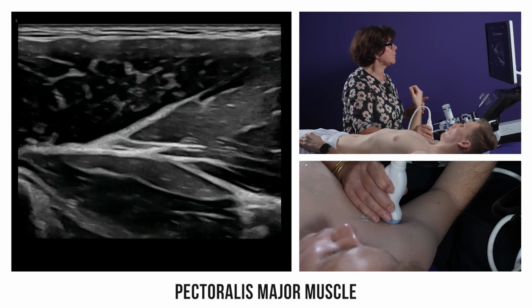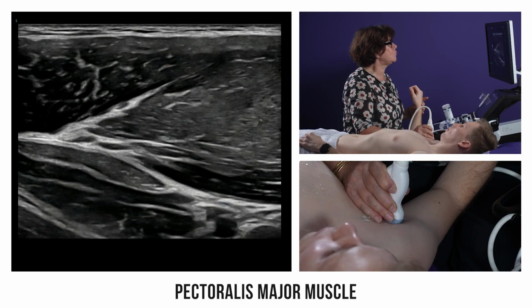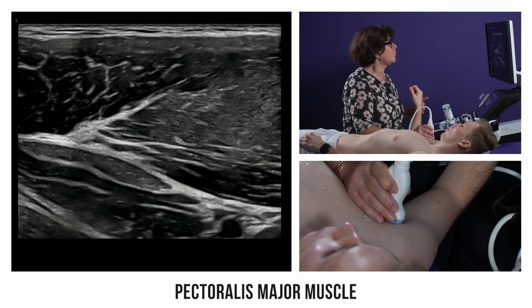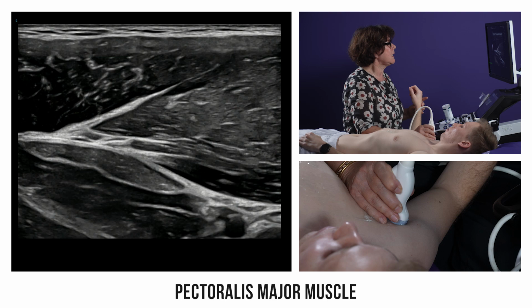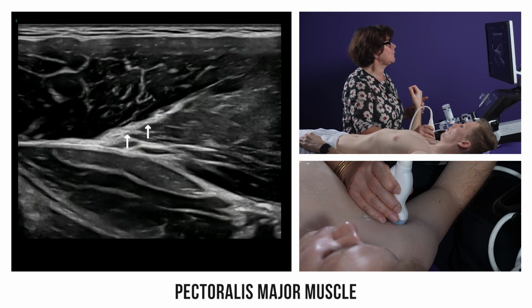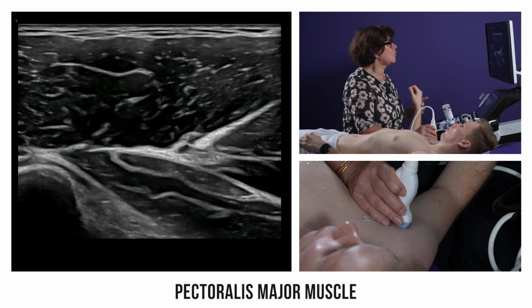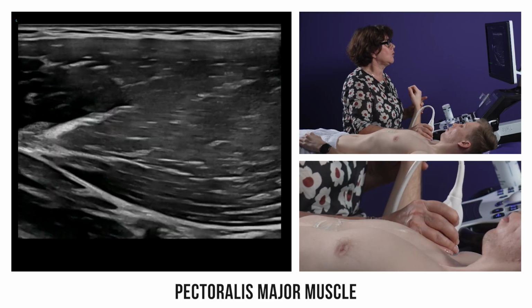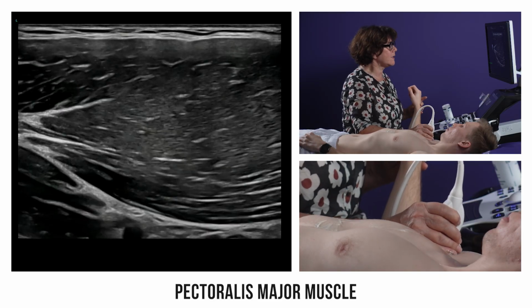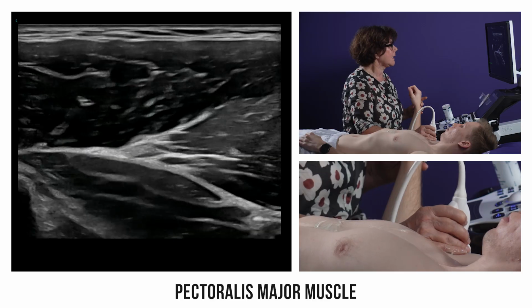On the surface, we see the two muscles separated by a hypoechoic structure, the deltopectoral interval. On the outside is the deltoid, and on the inside, the clavicular portion of the pectoralis major.